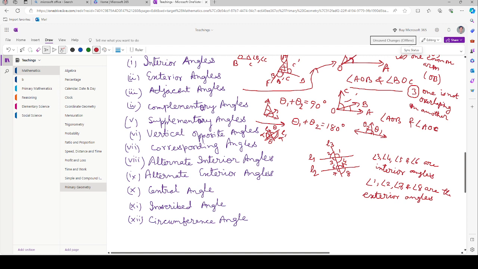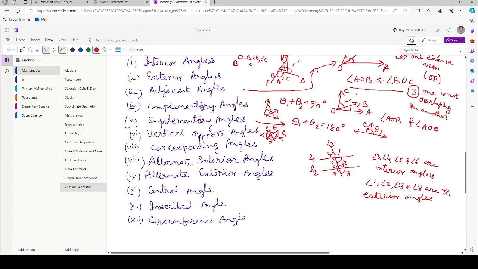Similarly, angle 2 and angle 6 are the corresponding angles. Okay. They are also on the same side of L3. These are the corresponding angles.